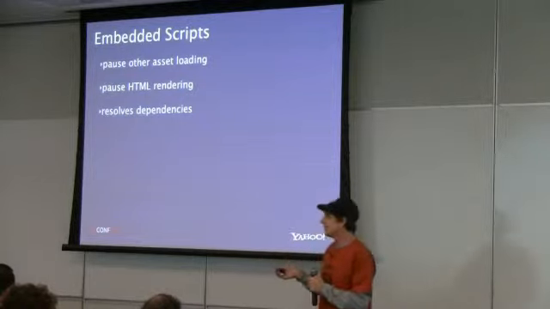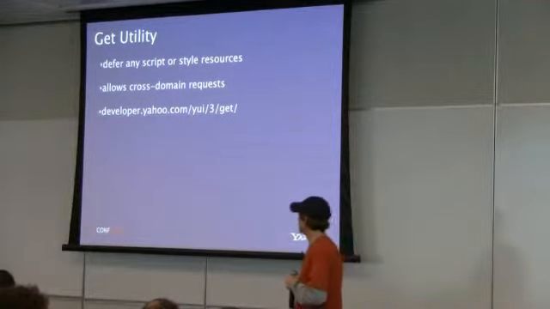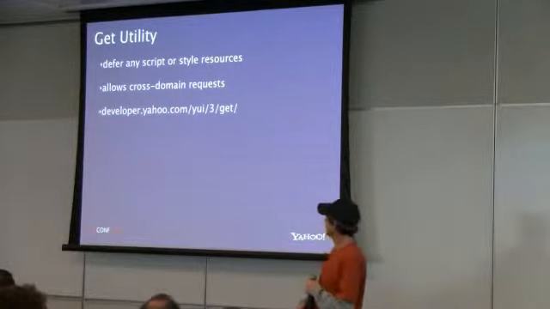Well, that might be overkill in some cases. You just want to fetch a script or fetch a style sheet. Well, you can do that, and there's handlers for success and failure that you can hook into. For a style sheet, it's going to just dump a link in and load it, so your styles will get applied when it's ready. I won't read the slides here, but you get the picture.